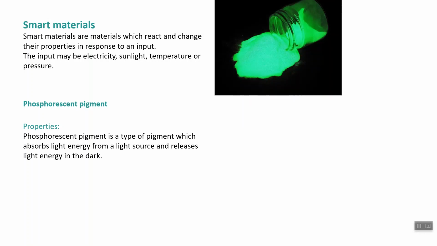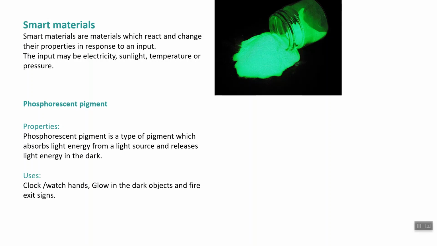So, this is an example of phosphorescent pigment, okay? C'est du phosphore généralement. So, they are used in clocks. Les lettres des pendules souvent sont faites en phosphorescent material. So, watch hands, les montres. On peut même lire l'heure dans le noir.